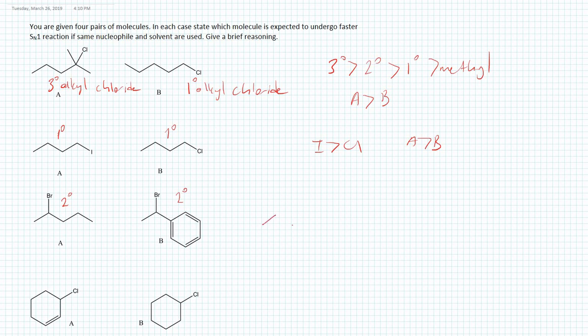The first molecule will have this carbocation, and the second molecule will generate this carbocation. And the question is this: which carbocation will be more stable? The carbocation produced from B will be more stable because this is a benzylic carbocation.